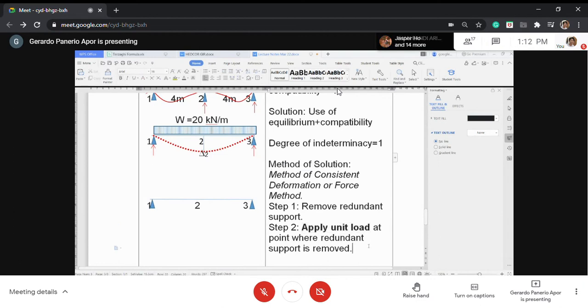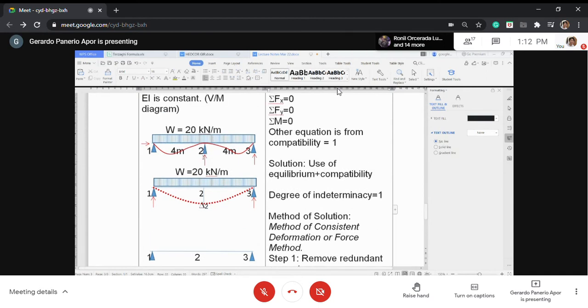Now, you might ask the question, where I am going to apply the load? Of course, at the point where you remove the redundant support. And then, tungod kay ang support doon na siya is a concentrated load, so the unit load is also a concentrated load. It's not a, because it is also okay to apply a unit couple or unit moment. But this one, you will just say unit load because it's clear man din nga, ang imong i-remove is a unit, is a load, no?